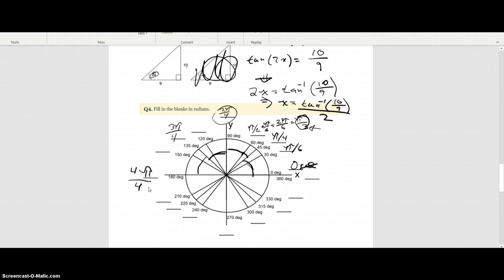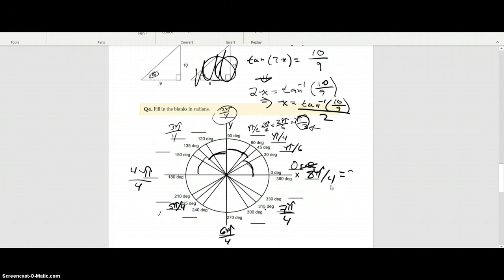We add another 45 degrees, so we're at 5 pi over 4. We add another 45 degrees, so we're at 6 pi over 4, or 3 pi over 2. Then we add another 45 degrees out here, and we're at 7 pi over 4. Then all the way over here, we should land on 8 pi over 4.